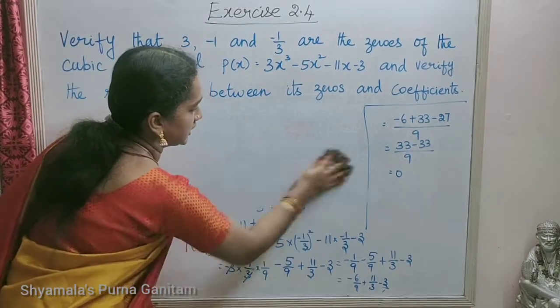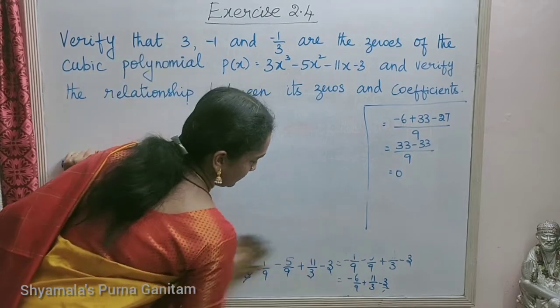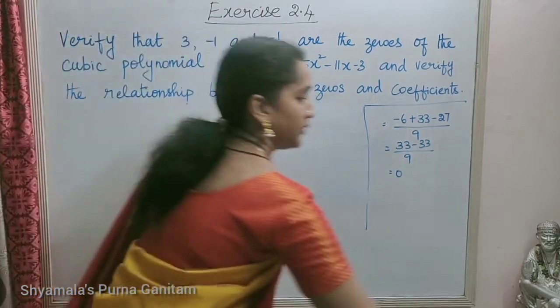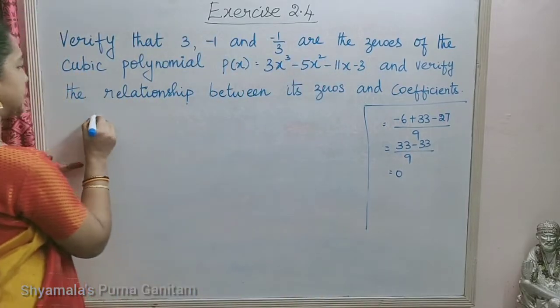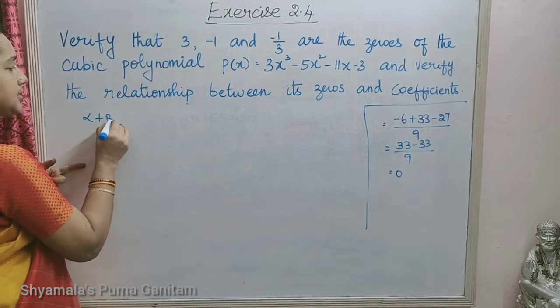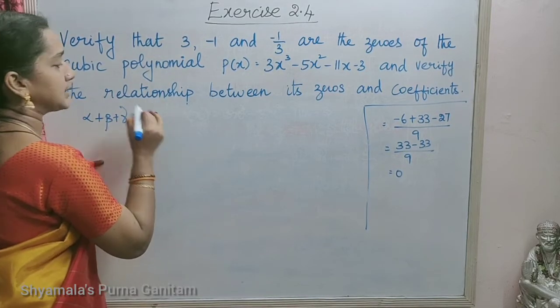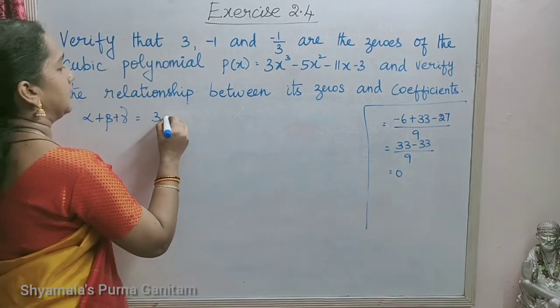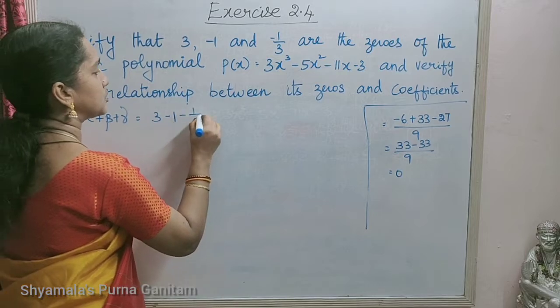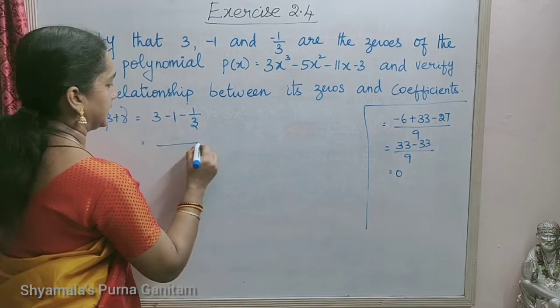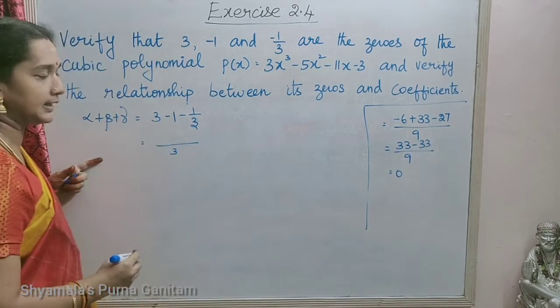So the relationship, how will we find it? We know that alpha plus beta plus gamma is equal to, we will simplify this, 3 minus 1 minus 1 by 3. When we simplify this, 3 is the LCM.